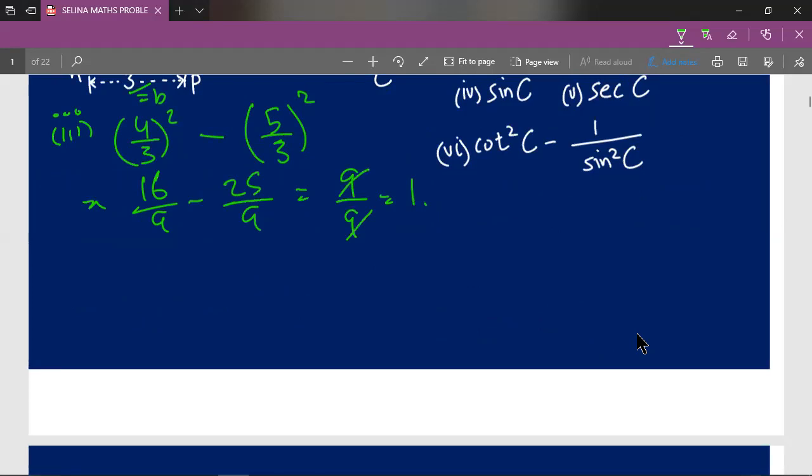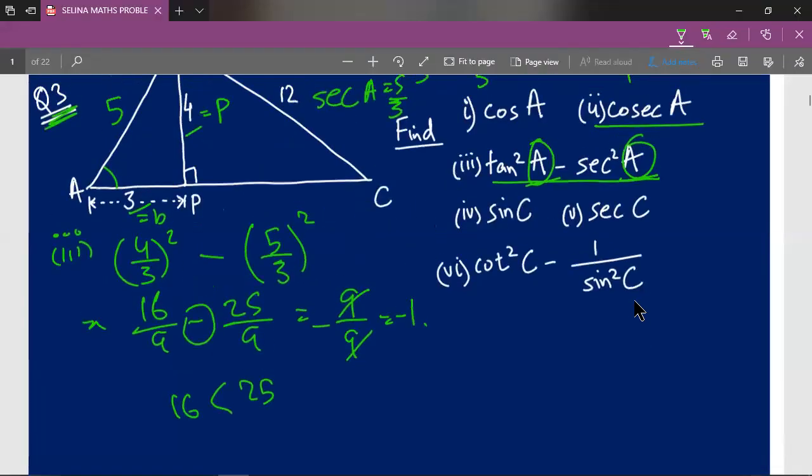In this question, if 25 upon 9 was here, it would have been positive, but this is negative, and of course 25 is bigger than 16, so therefore the answer will be minus 9 upon 9, that is minus 1. So this is the answer to the third part of the third question, tan square A minus secant square A.